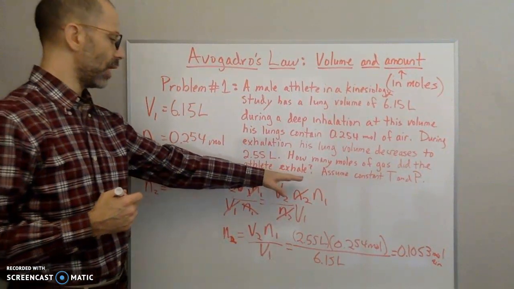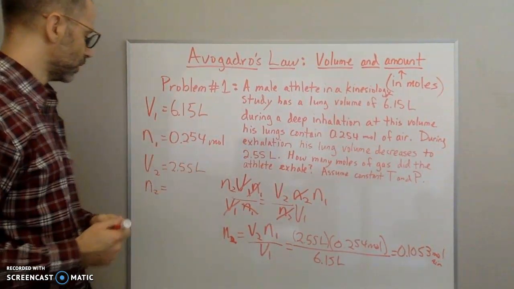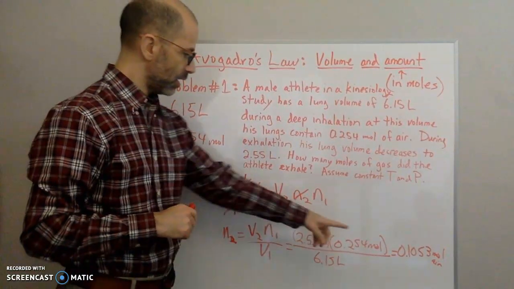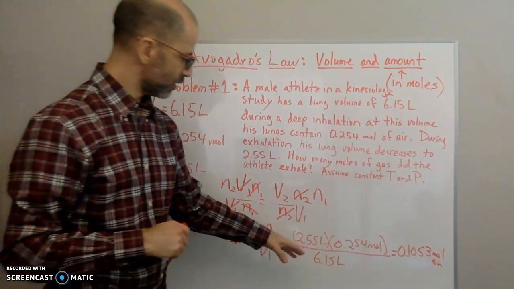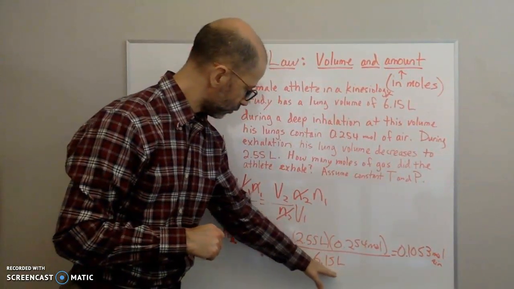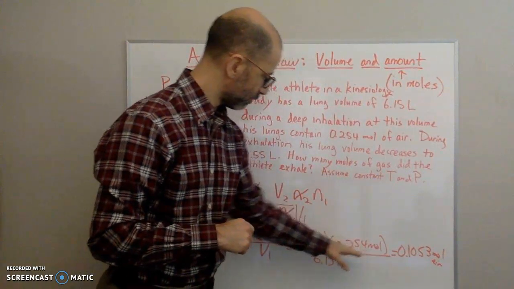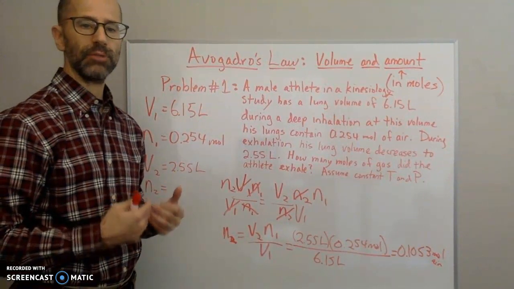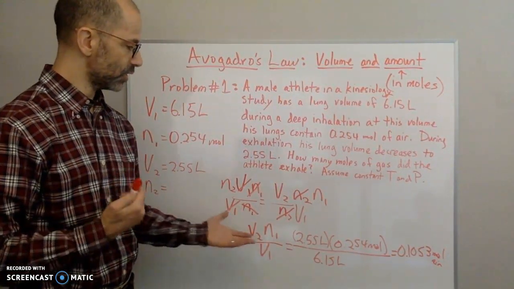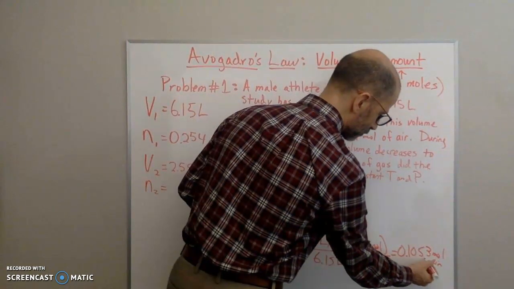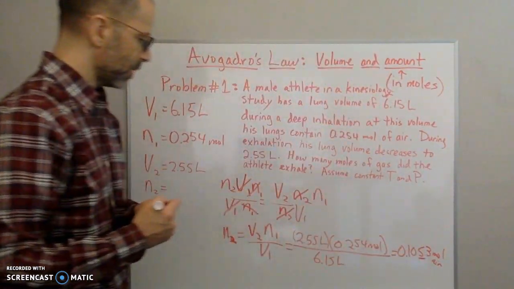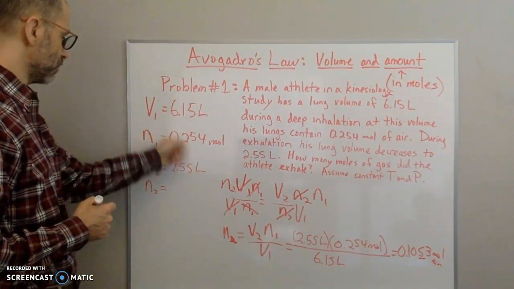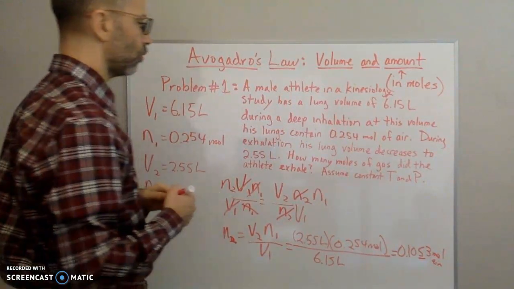They want how much air was exhaled from the lungs. So what I need to do first is indicate where my last sig fig is. I have 3 sig figs, 3 sig figs, and 3 sig figs. And remember, my answer can only have the same number of sig figs as the least number, which is now 3, since they are all 3. So my last sig fig is the 5. But I'm going to use that number in my calculation for the number of moles that were exhaled.